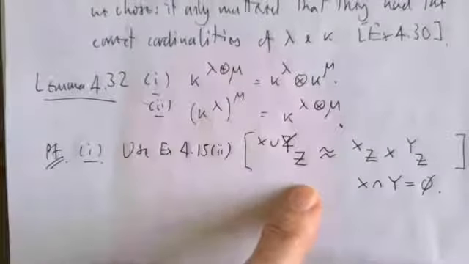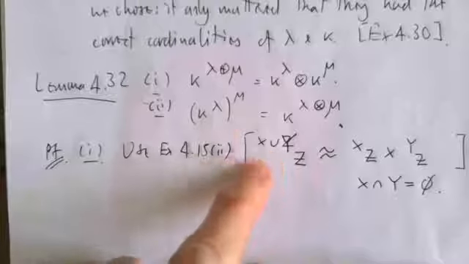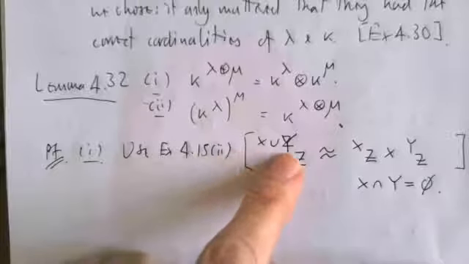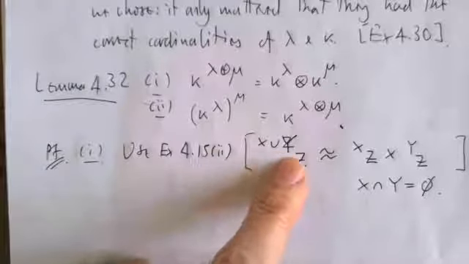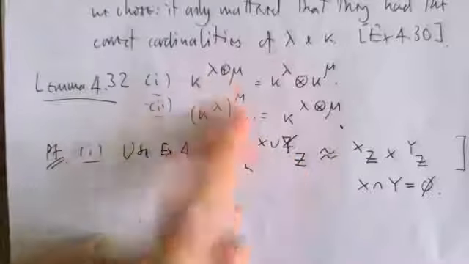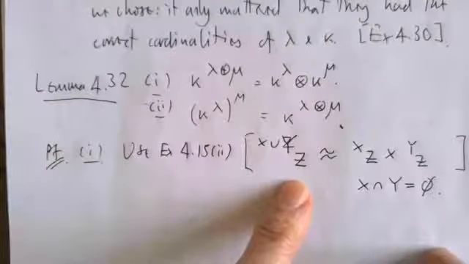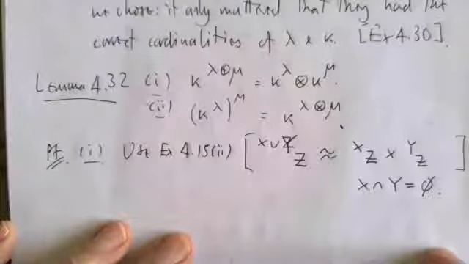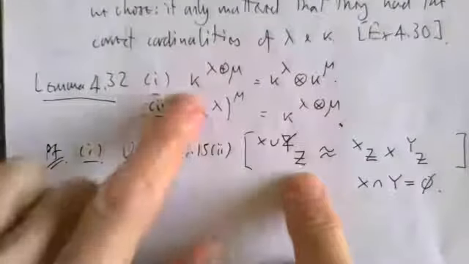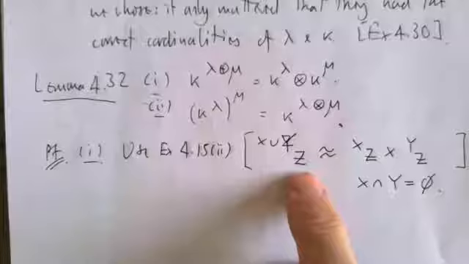And actually, I'll use this with x and y being lambda and mu themselves. So these are perfectly good sets of cardinality lambda and cardinality mu, respectively. So I'll use those rather than just some abstract L and M. Likewise, Z I think of as the set kappa itself.